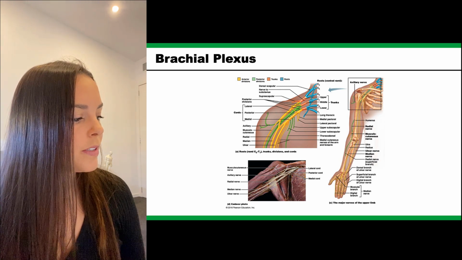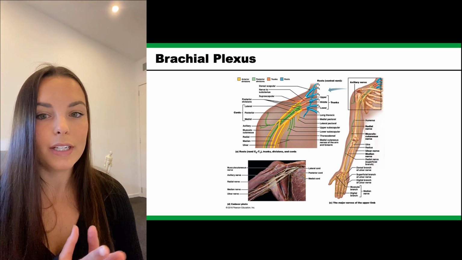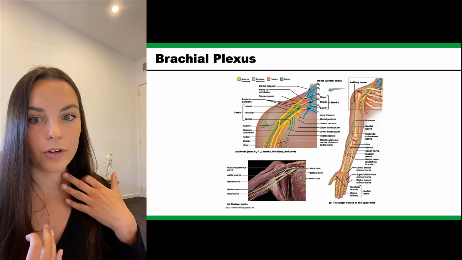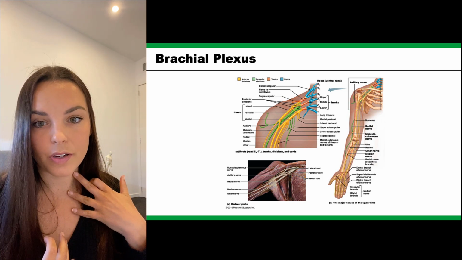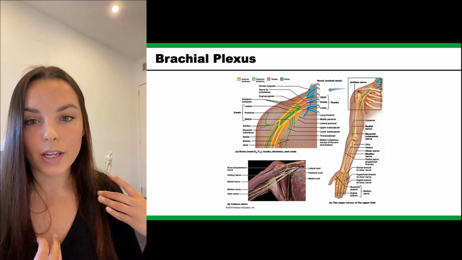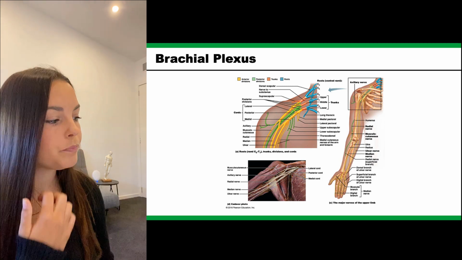So the brachial plexus comes from spinal nerves C5 to T1. So it arises from C5 to T1. That means the spinal nerves that come off our C5 down to our T1 come together, they intertwine here, and then they travel down the arm to supply the muscles of the arm.